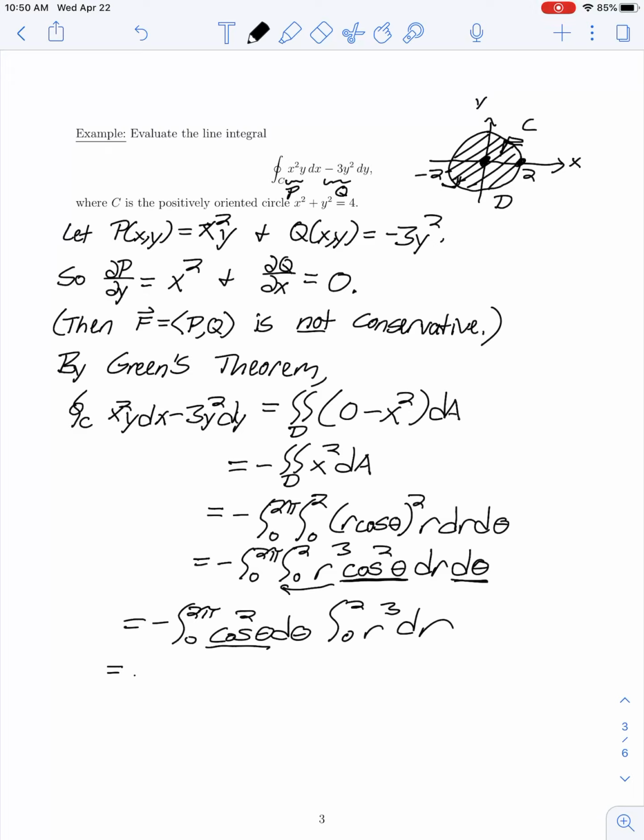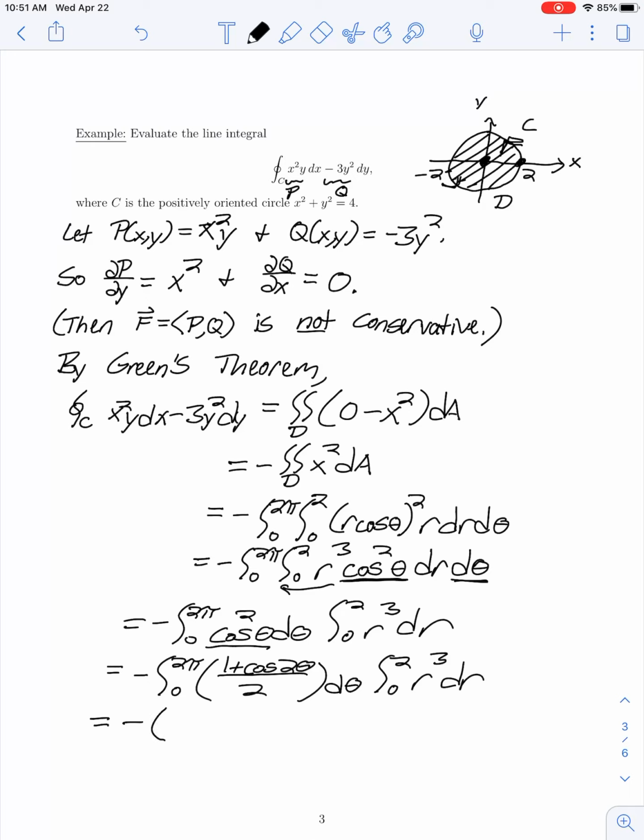To integrate cosine squared, we have to use a trig identity. So we would rewrite this as 1 plus cosine of 2 theta all over 2 d theta, and then our integral from 0 to 2 of r cubed dr. So finding the antiderivative for each of these, well, we have our constant of negative 1 out in front.